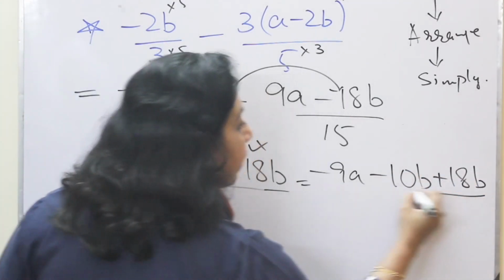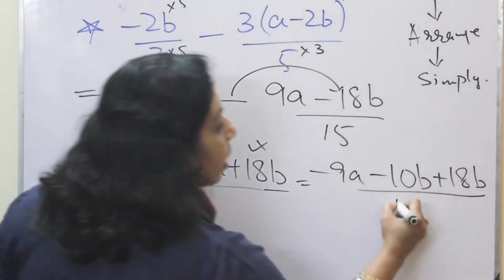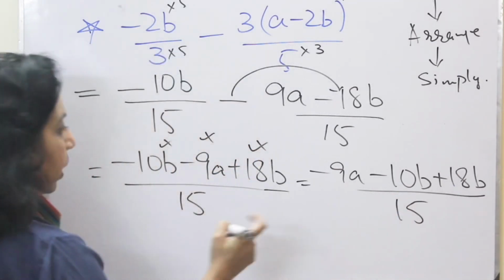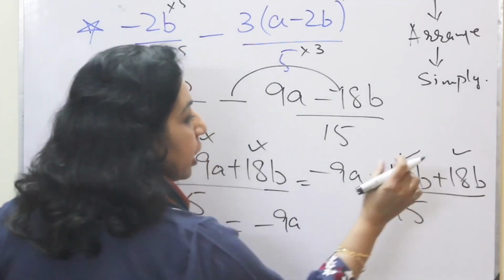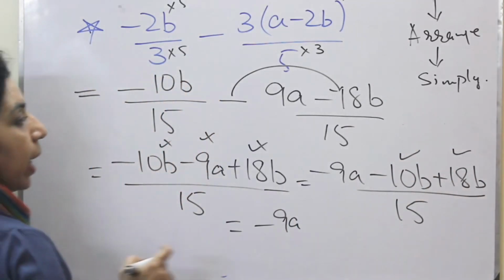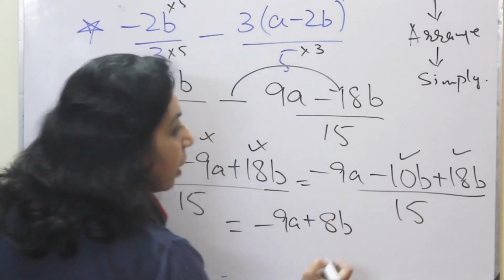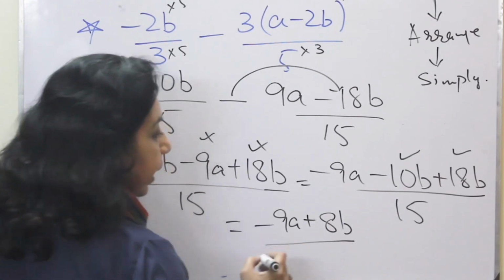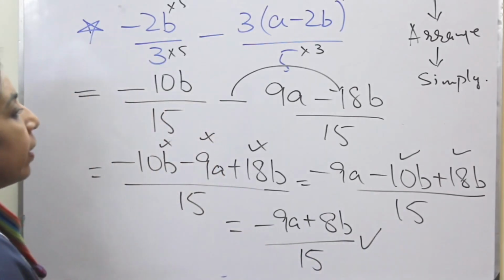Notice I am arranging and taking the sign of the variable with it. Now 9a has no other number to add or subtract, but 18b is positive, 10b is negative. We shall subtract and the answer will be 8b, but it will be positive because the bigger number is positive. Minus 9a plus 8b over 15 is our answer.